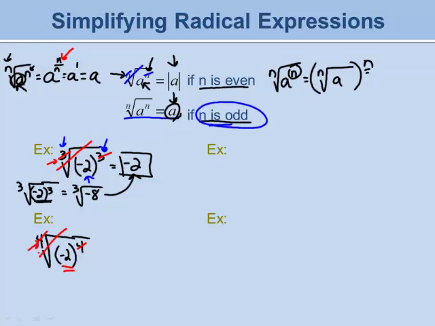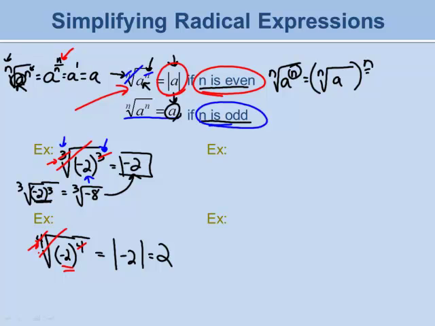And so initially you might think, well, then the answer is -2. But notice that this up here says that if your root is even, and it is, we're taking the fourth root, the answer is actually the absolute value of whatever a is. In other words, the rule says you're going to take the absolute value of -2, which ends up being a +2. Now let's look and see why that is.